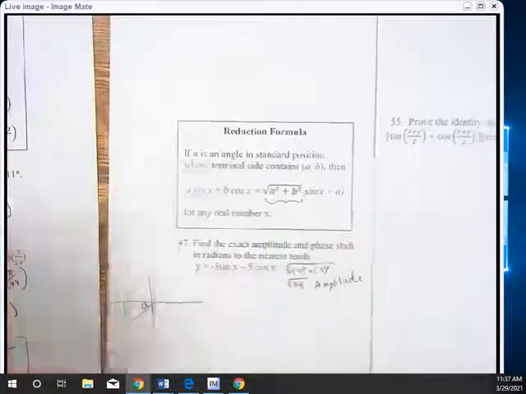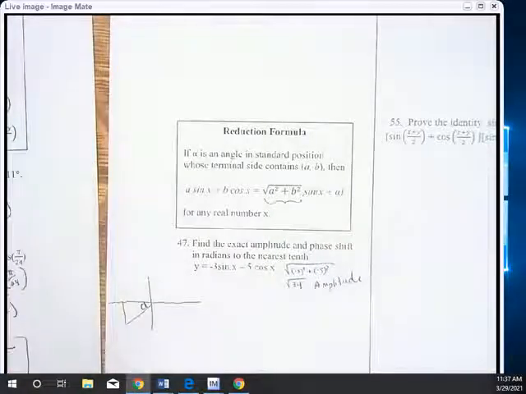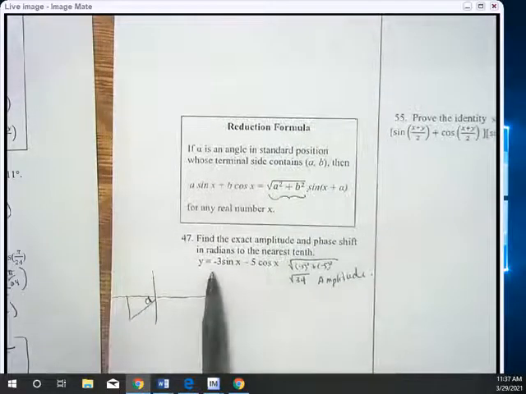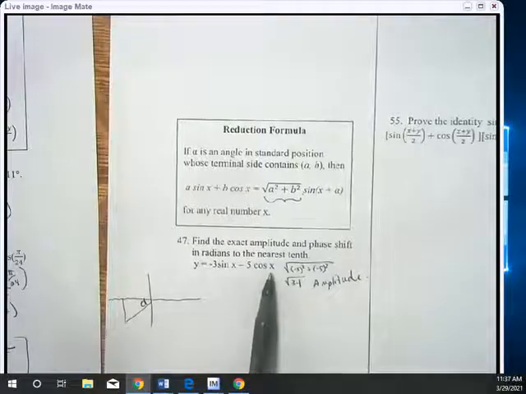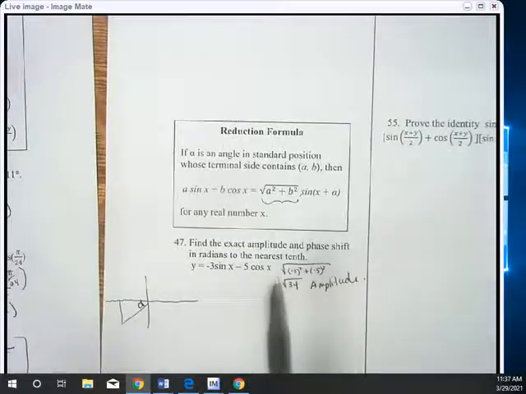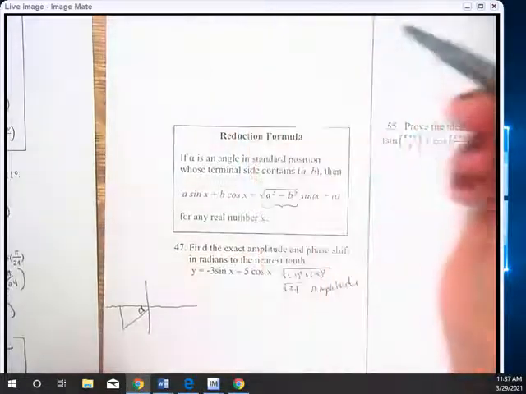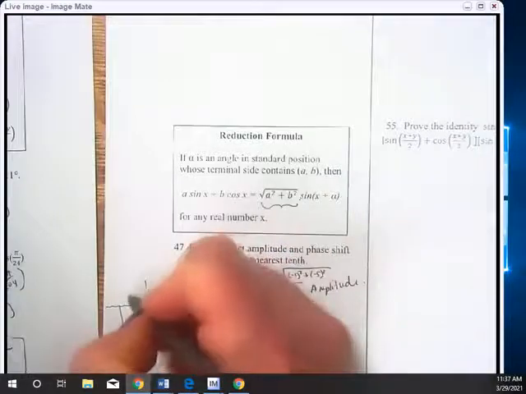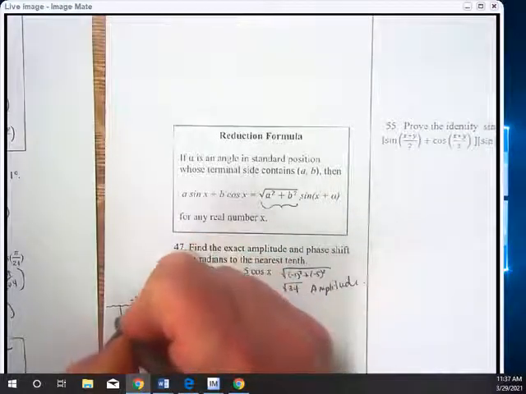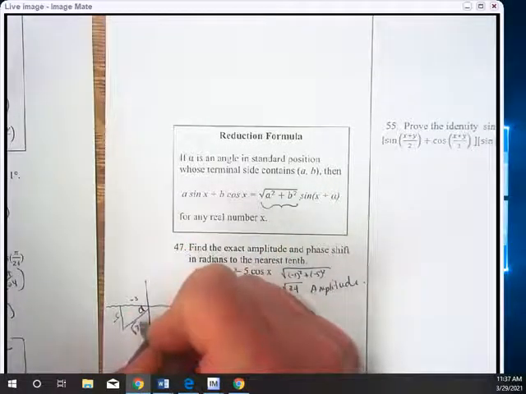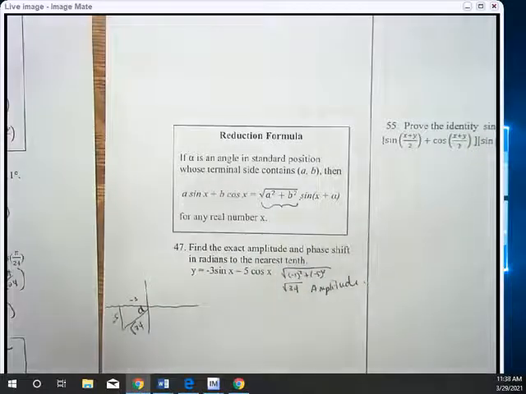And why would I draw it in the third quadrant? Because both sine and cosine are negative. Yeah, you've got -3 and -5, correct? If 3 is the number in front of your sine, then your -3 is going to be the distance here, and 5 is the distance here with the square root of 34 here. Are you okay with that?